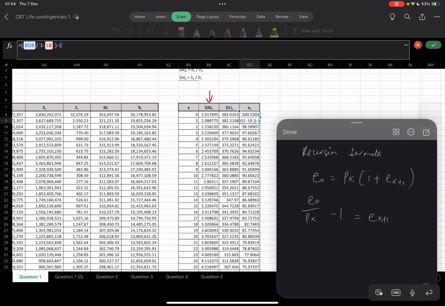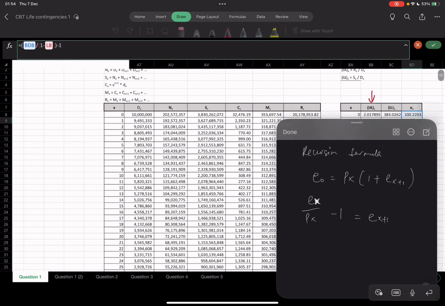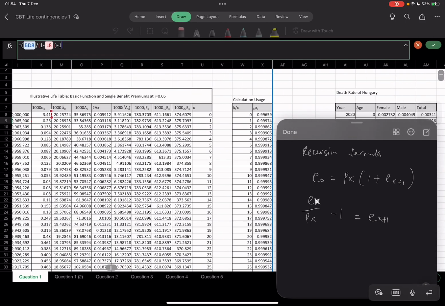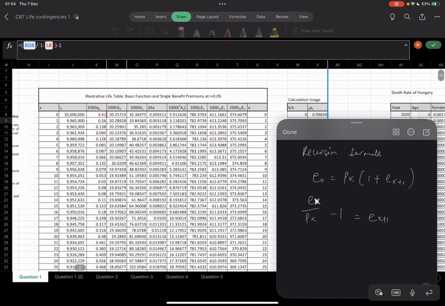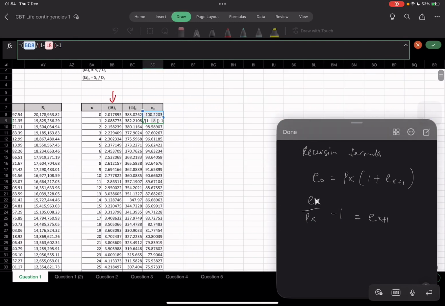Basically, just back by 1 minus L8. L8 is Px. Minus 1, and then we get Ex plus 1. We just copy the formula until the end to obtain every value.